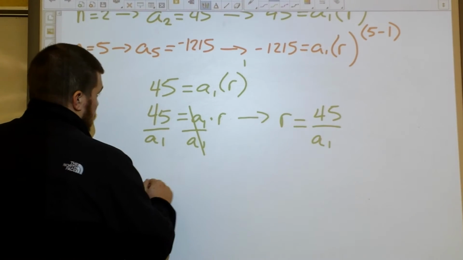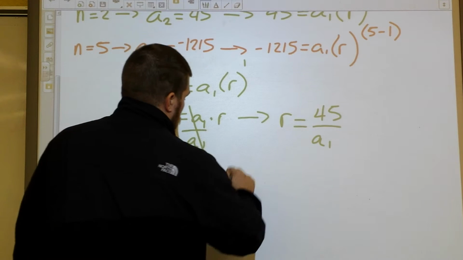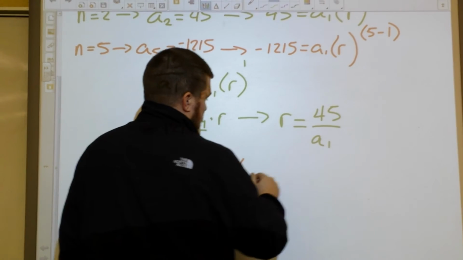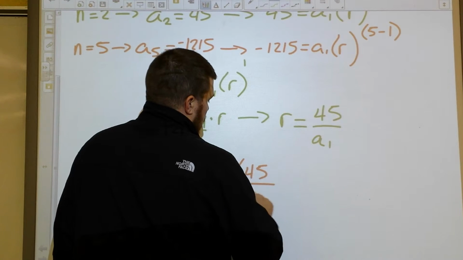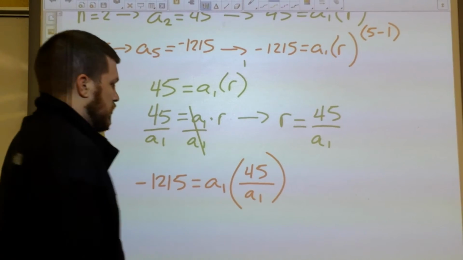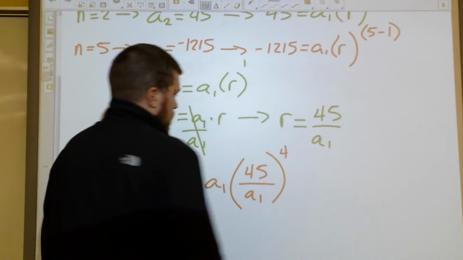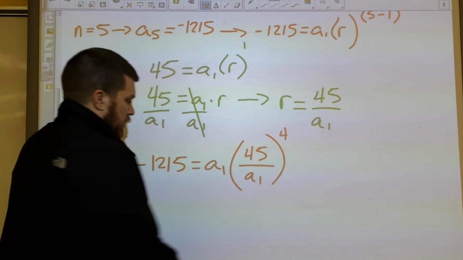So I have negative 1,215 equals a sub 1 times r, but again, r I'm just substituting in 45 over a sub 1, and I'm going to go clean up 5 minus 1, which is 4. Okay. So now I want to use my calculator to help out.